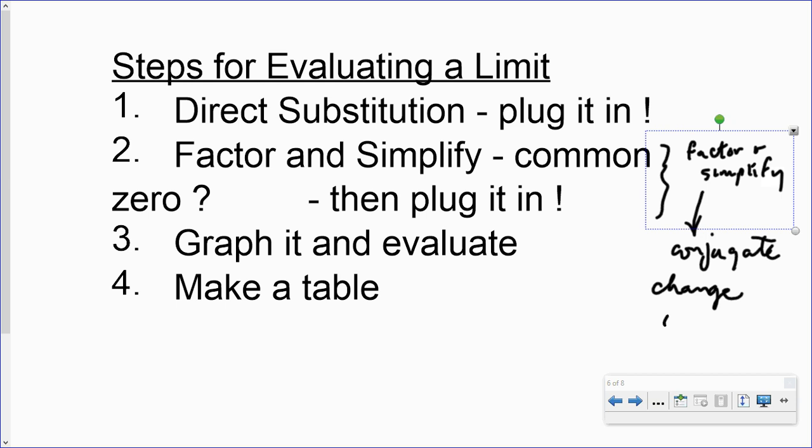We did each of those three examples, and you are going to have some worksheets and homework questions. If all else fails, you can graph it and evaluate, or you can make a table, as we did earlier in 1.4, and look for convergence, what the function is converging to as we get closer and closer to a.